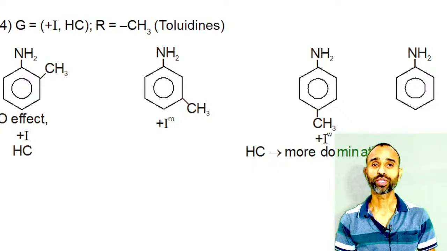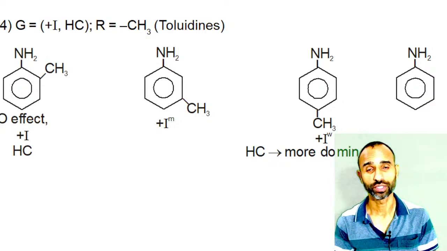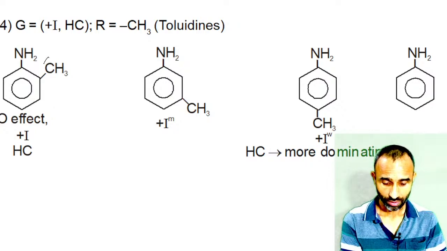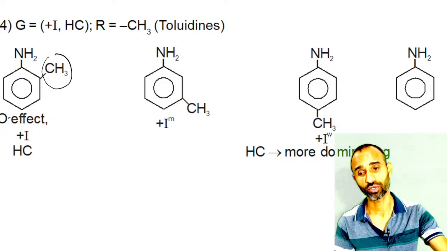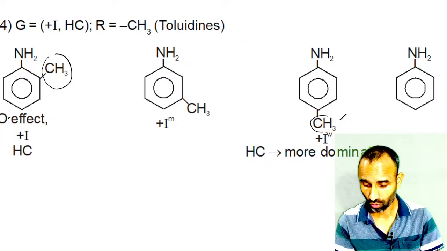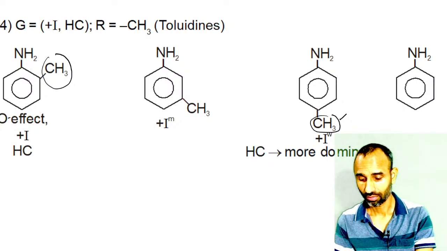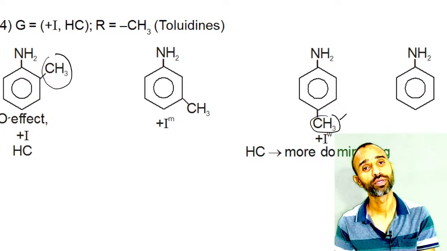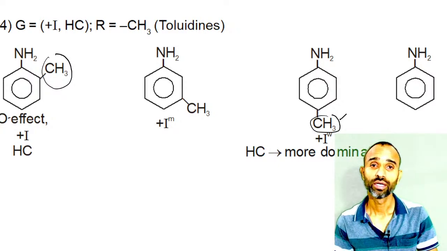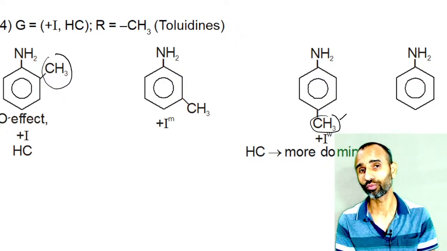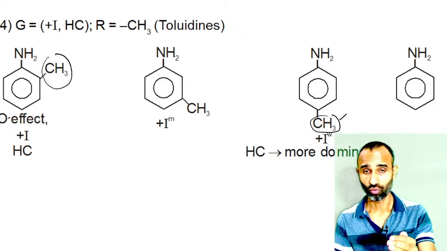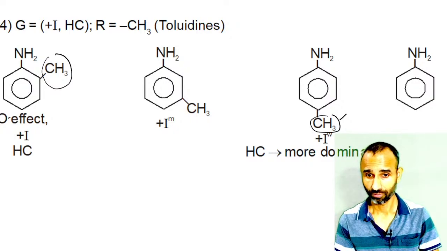Now groups having plus I and hyperconjugation. See this methyl group, it is at ortho position, it has plus I effect and hyperconjugation. A methyl group at para position also has plus I and hyperconjugation, but hyperconjugation is dominating at para position, and at ortho position, due to ortho effect, it has less effect.